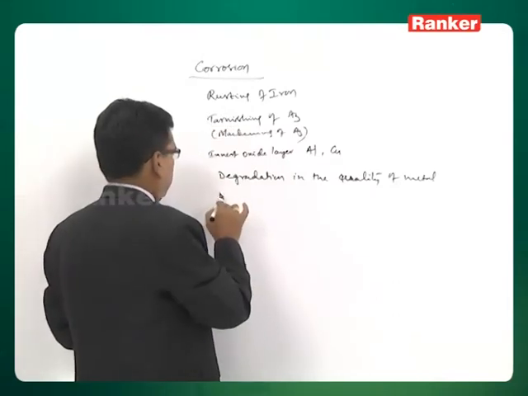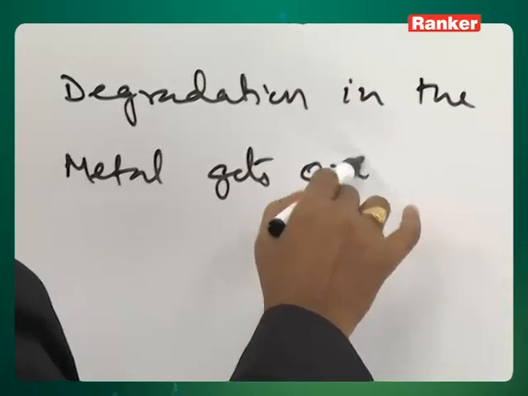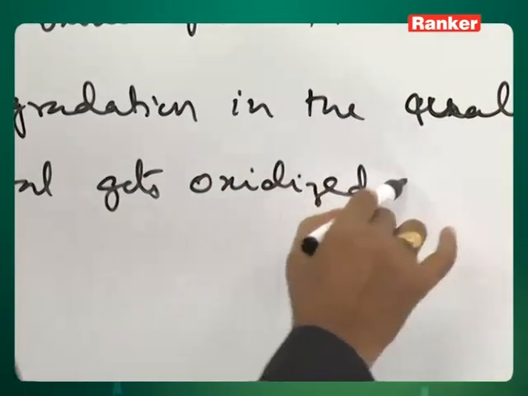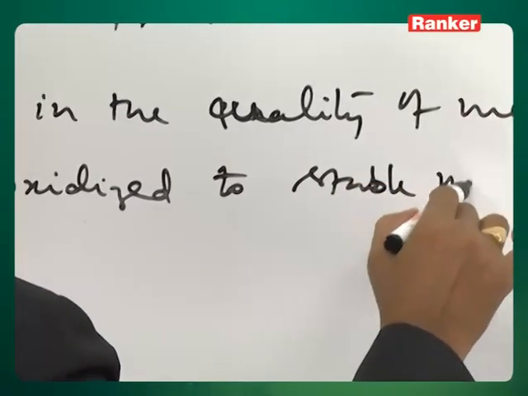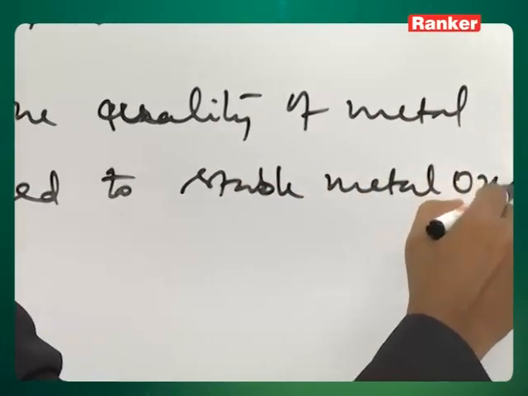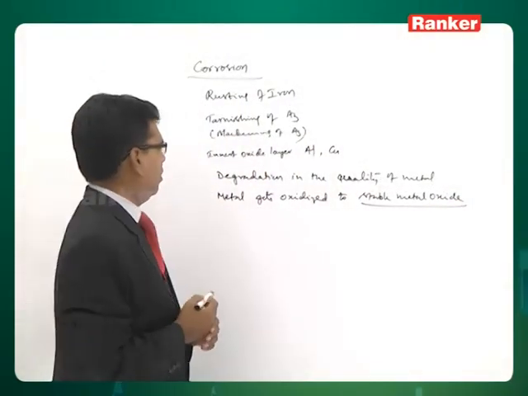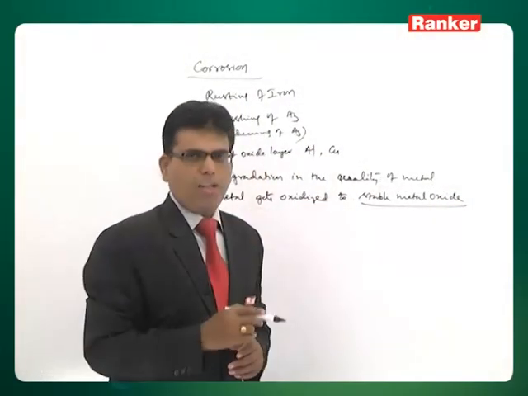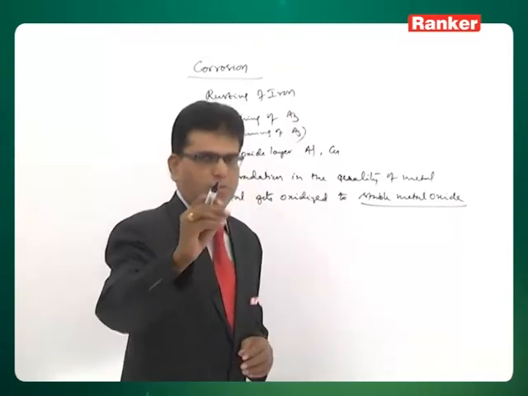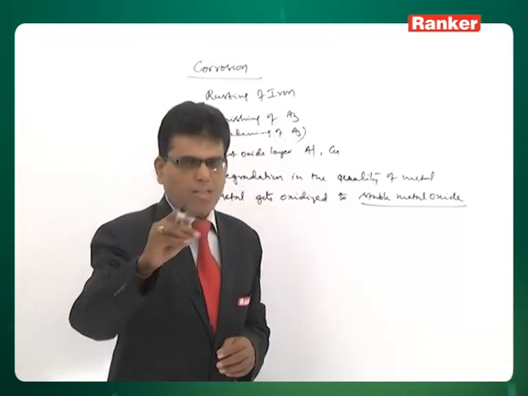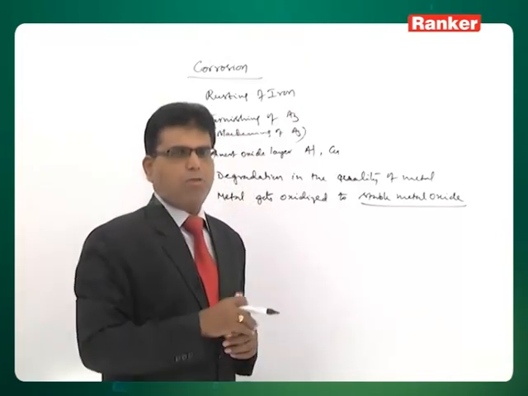Because the metal gets oxidized to stable metal oxide. That is what actually happens. Iron gets oxidized to ferric oxide, silver gets oxidized to silver oxide, aluminum gets oxidized to aluminum oxide, copper gets oxidized to cupric oxide.